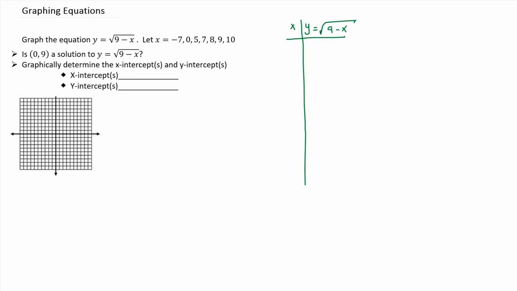Then typically what you do is you go ahead and pick your x's and then try to solve and find the corresponding y's. Well, until you get a little more comfortable with equations and functions, sometimes it's a little more difficult to pick x's that work. So when you pick your x's, you want to pick ones that are within the domain of your function, and all that means is if I were to plug them into my equation, they would give me a real number back.